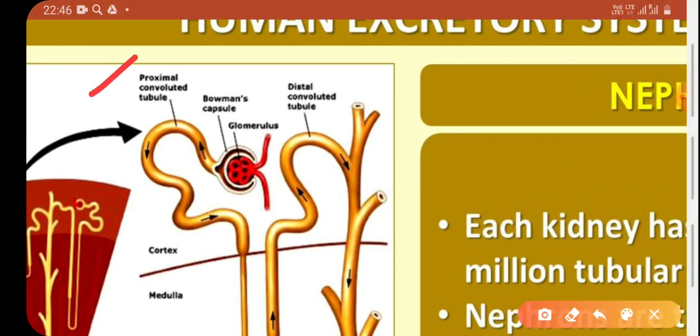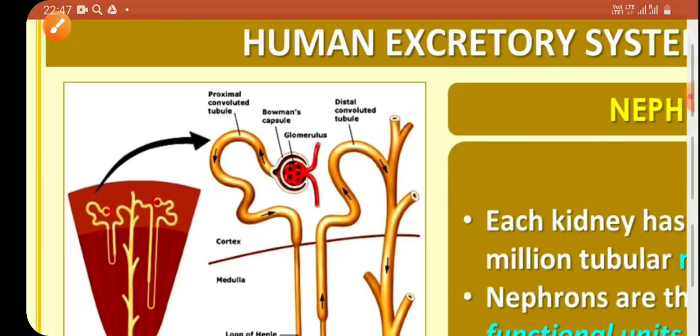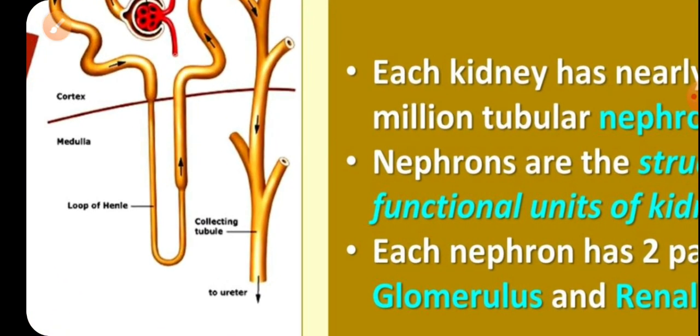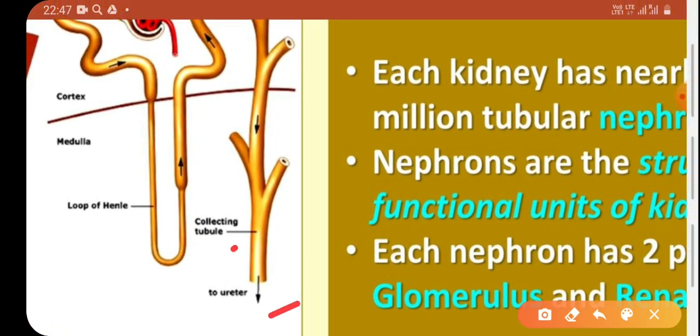This is the proximal convoluted tubule, this is Bowman's capsule here outer. This is glomerulus, distal convoluted tubule. This is collecting tube, ureter, loop of Henle.